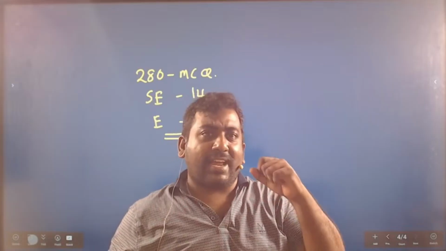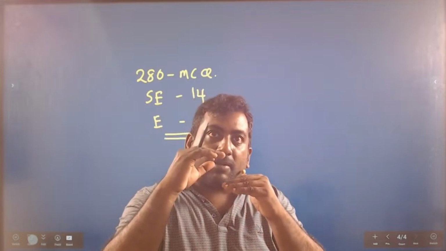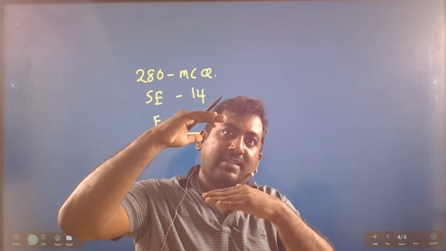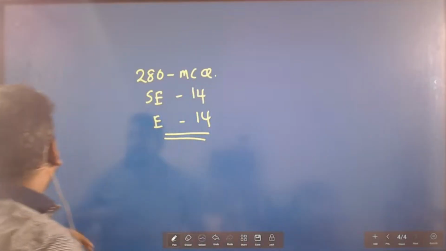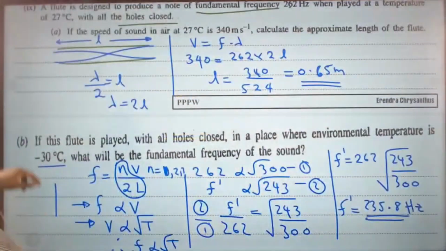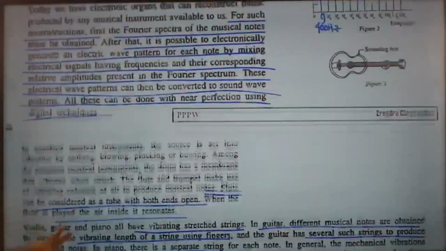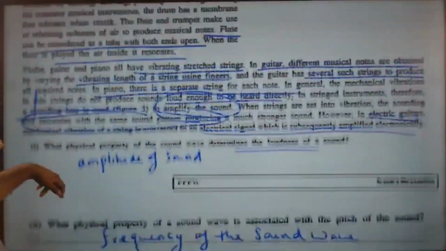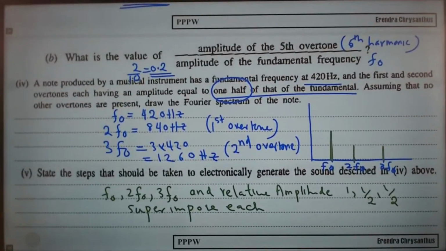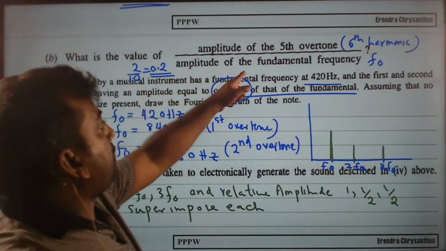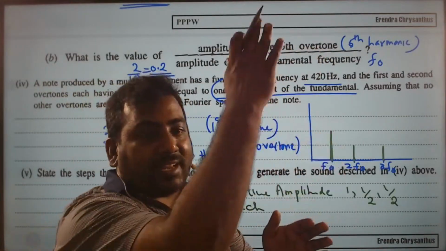Fourier analysis means they are taking the amplitude of oscillation and giving it a figure. If the amplitude is double, the relative amplitude also is double. If it's half, so you compare it with the fundamental always. Sometimes in your exam paper they might ask, what is the value of amplitude of the fifth overtone to fundamental? So the ratio is the relative amplitude given.